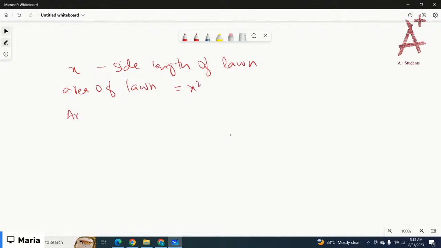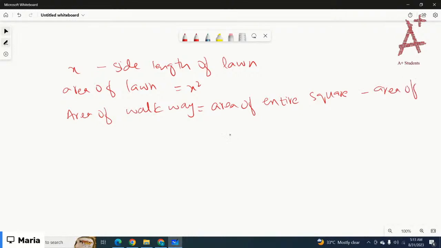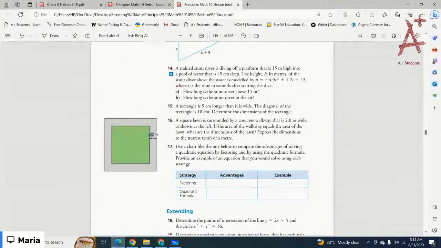The area of the walkway is the area of the entire square minus the area of the lawn. You can see the green portion is the lawn, and you have to calculate the area of the entire square and subtract the area of the lawn. This way you will get the dimensions of the lawn, right?